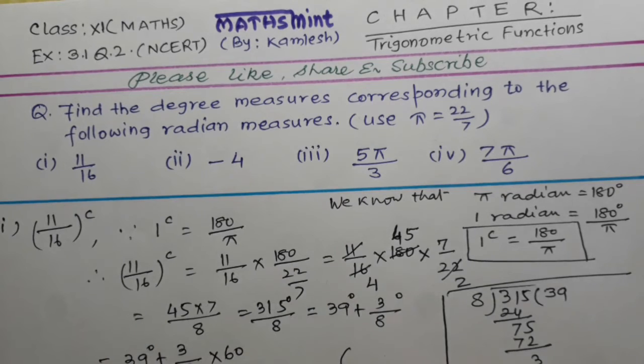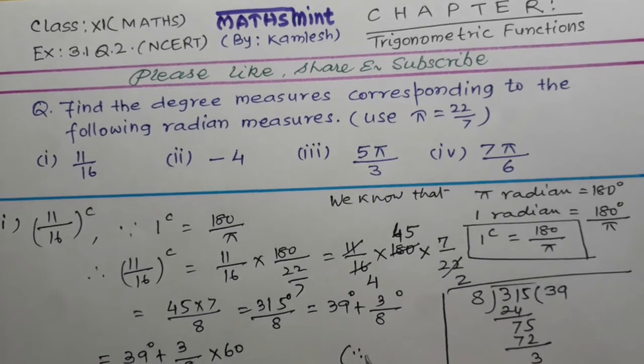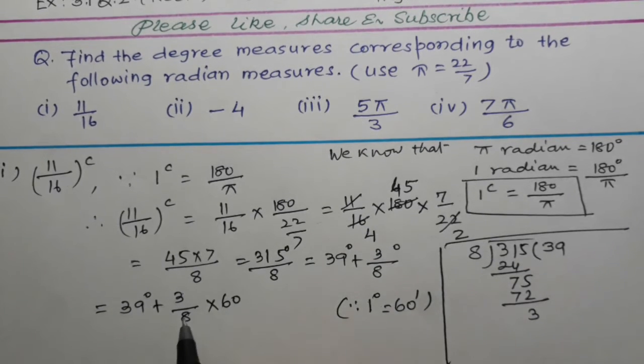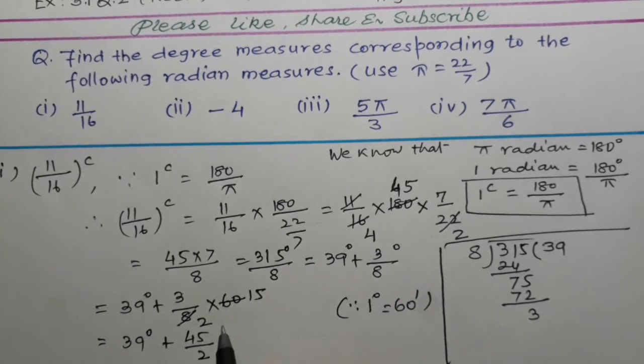Why? Since 1 degree is equal to 60 minutes. So this degree is in fraction, so we are changing it into minutes. We have multiplied it by 60. By 4 it will cut, it will be 2 and it will be 15. So ultimately 39 degree plus 45 by 2 minute.